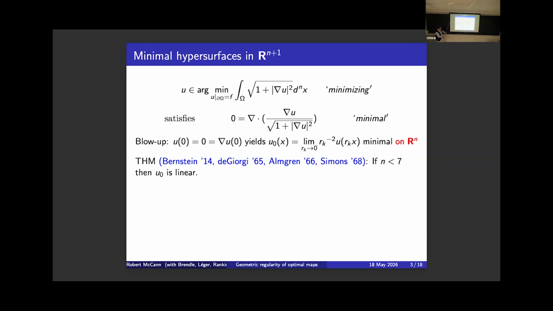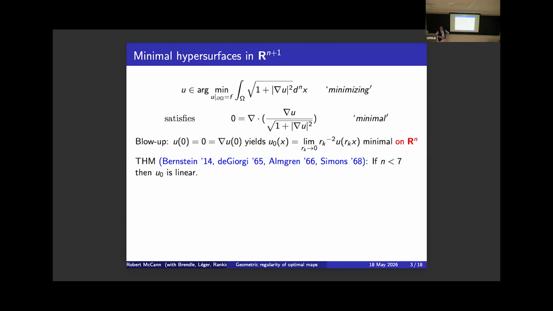If you imagine blowing up around a point of a solution using the correct scaling, you would get a global solution on all of R^n which satisfies this.